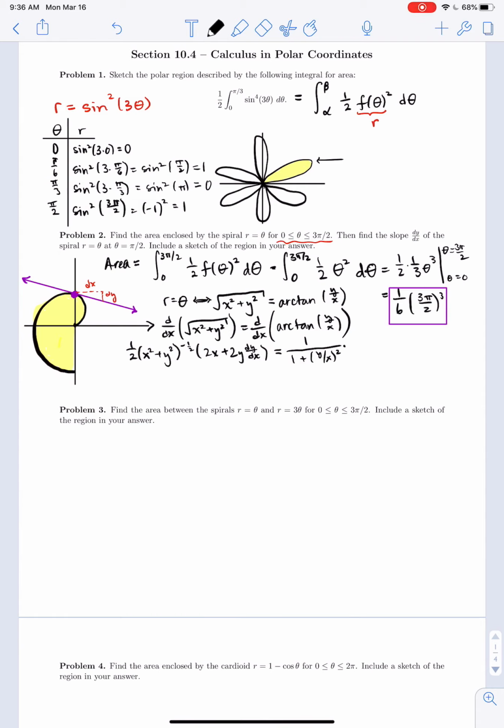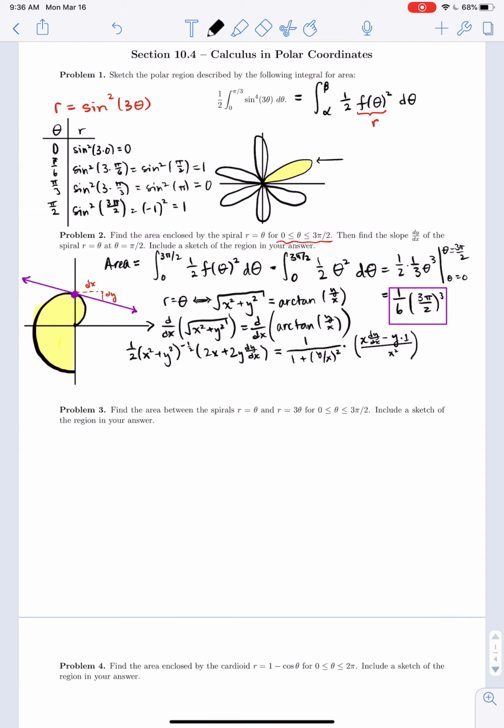So we're going to have to do a little quotient rule. So the bottom times the derivative of the top minus the top times the derivative of the bottom, all over the bottom squared. So that is the derivative of y over x with respect to x.